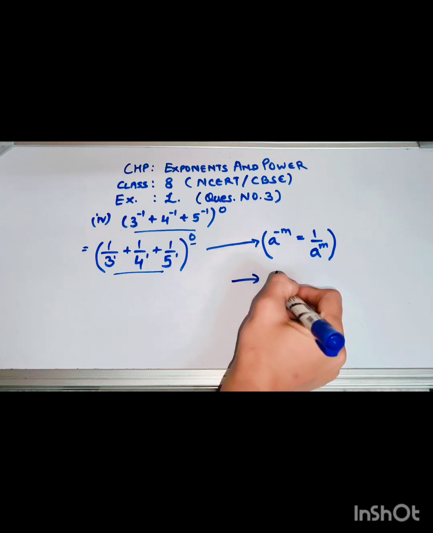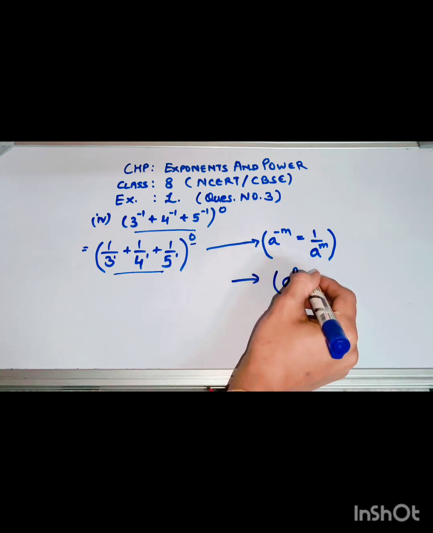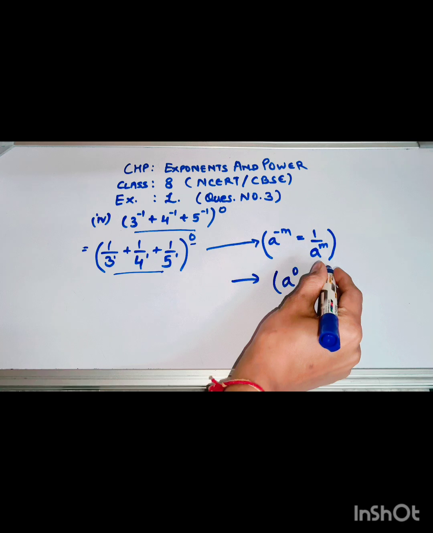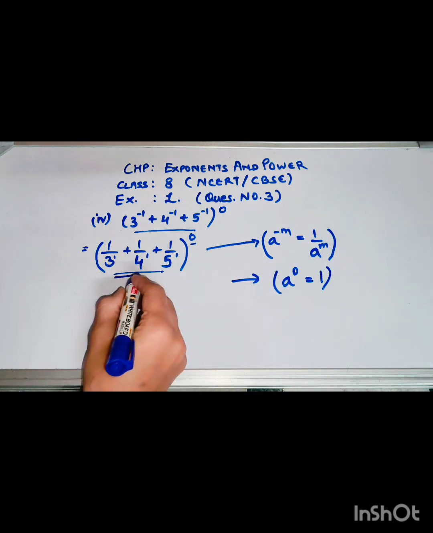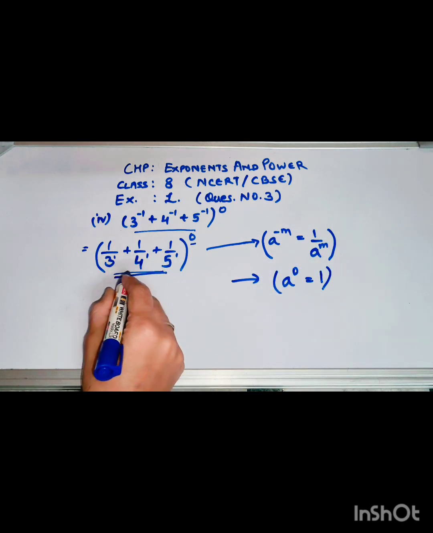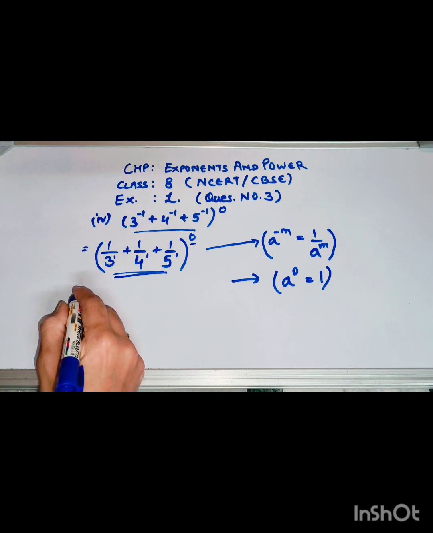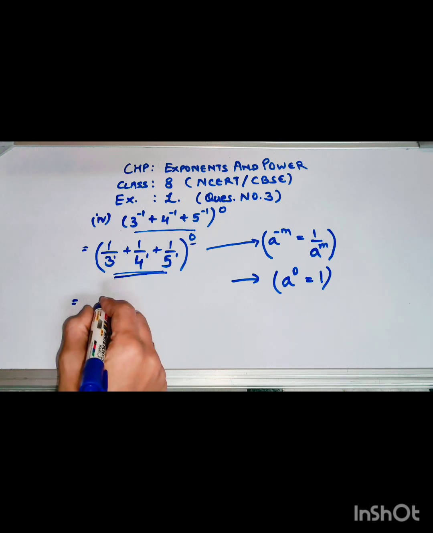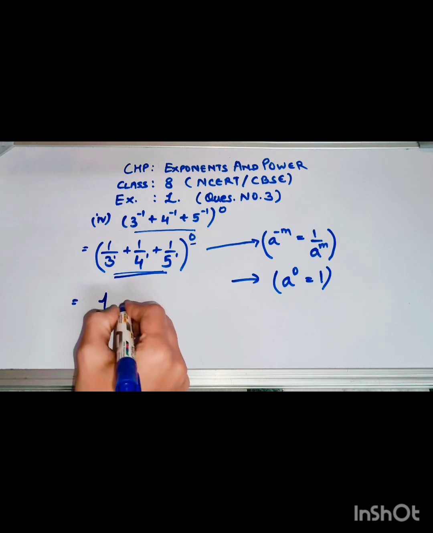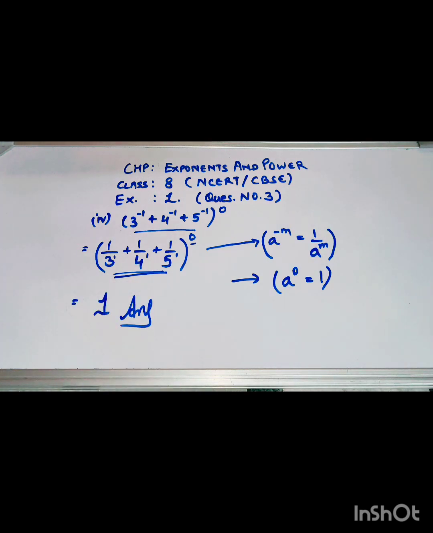That is, a raised to the power 0 is equal to 1, so we will not take LCM and all, we simply write answer 1, because anything to the power 0 is 1.